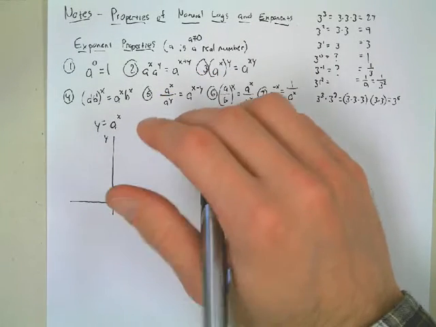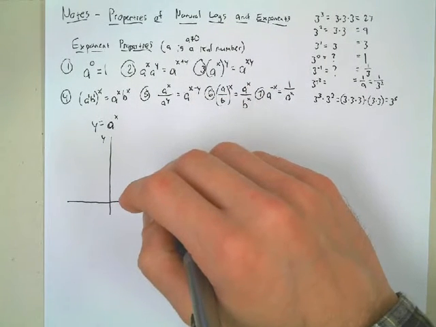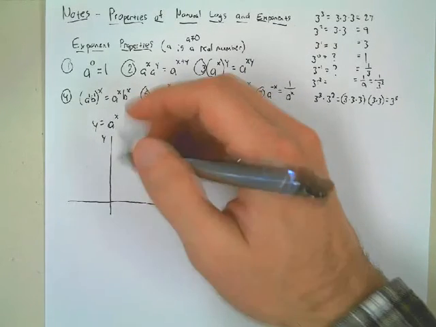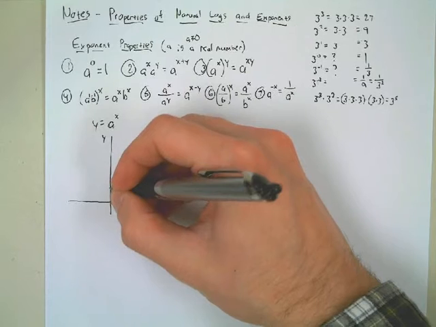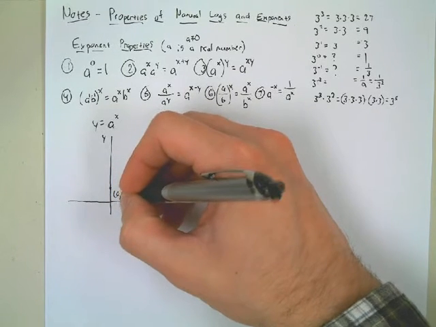But if my x value is 0, what is my y value going to have to be? Right, 1. If I plug 0 into x, a to the 0 is 1. So right there, I have to have the point 0, 1, no matter what the a value is.